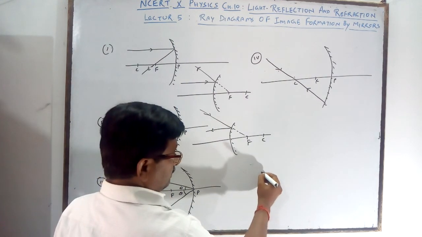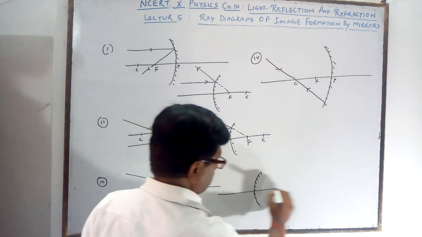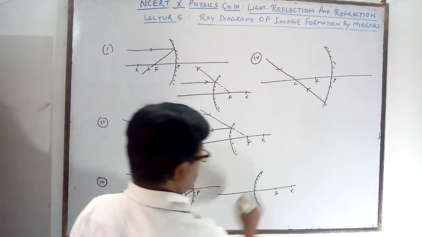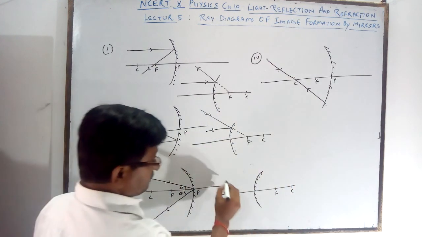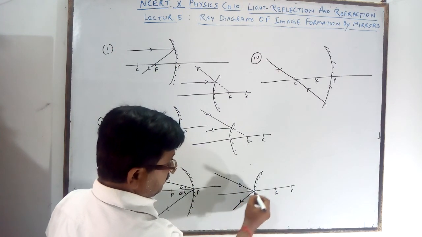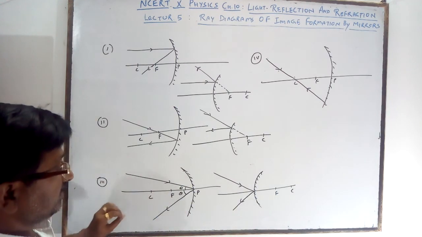And the third one for the convex, the condition is given: focus, C. What is the third? A ray which is striking at the same place will go here with the same angle and be reflected.